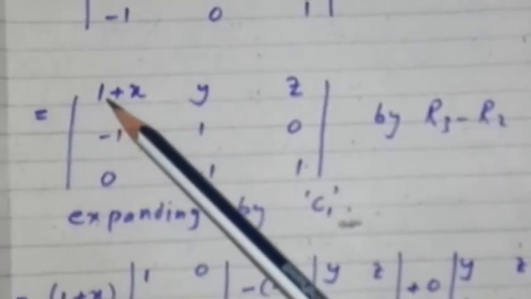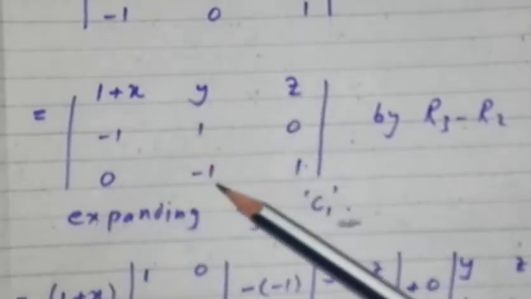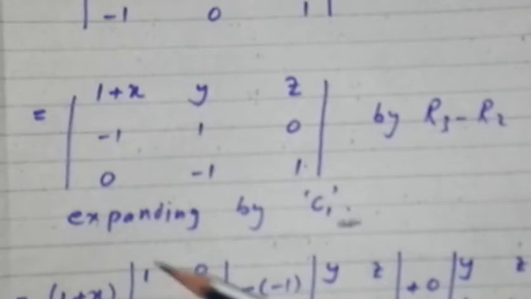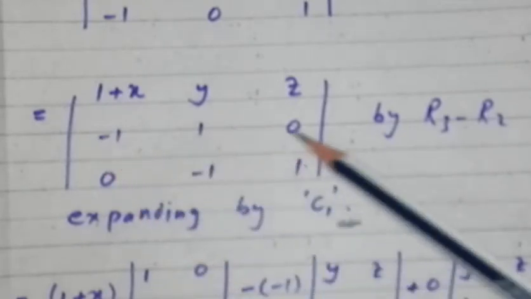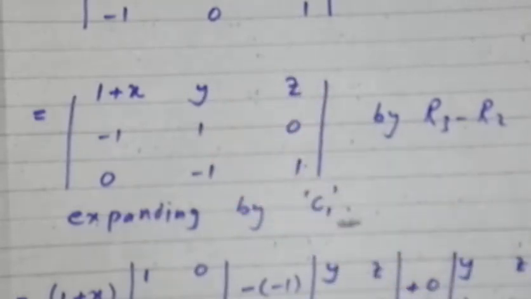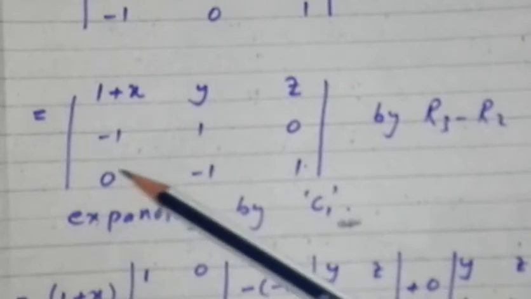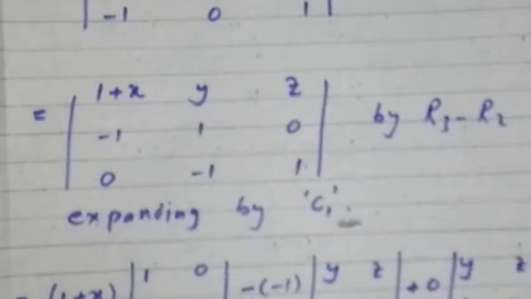Now expand by column first, so x plus 1 with the minor 1 0, minus 1 1, minus 1, here we will write yz with minor minus 1 1, plus 0, cancel these two, we get yz with minor 1 0.